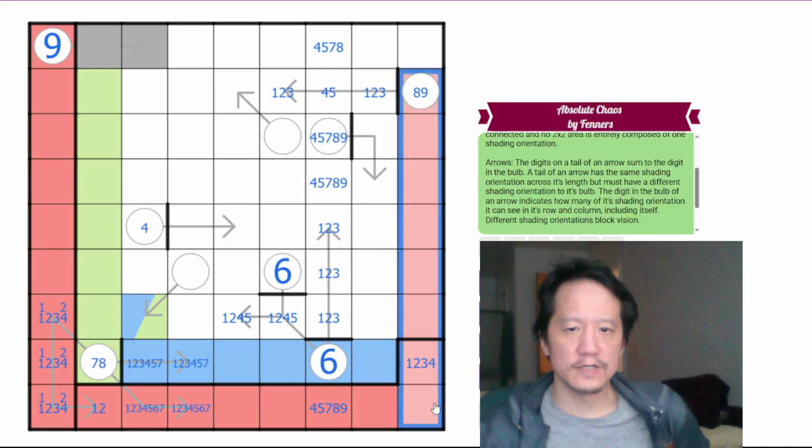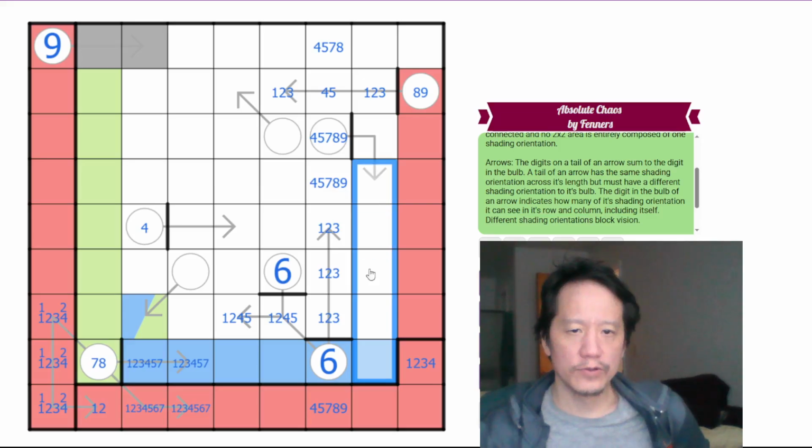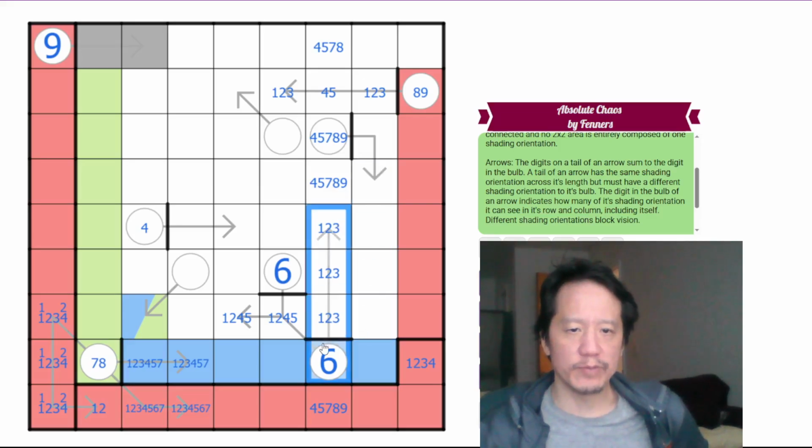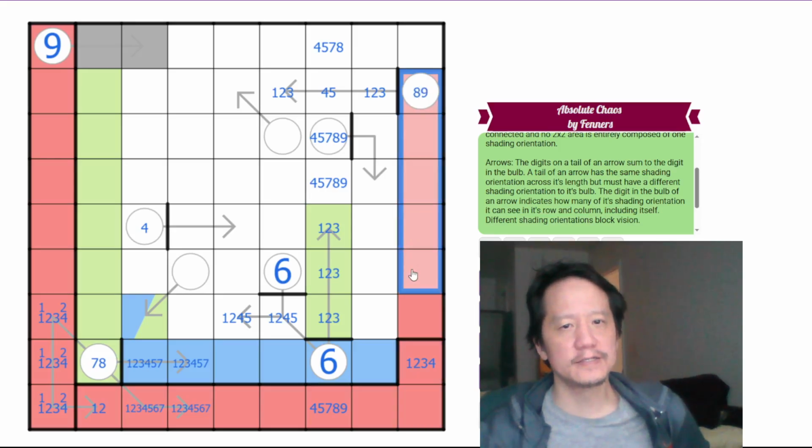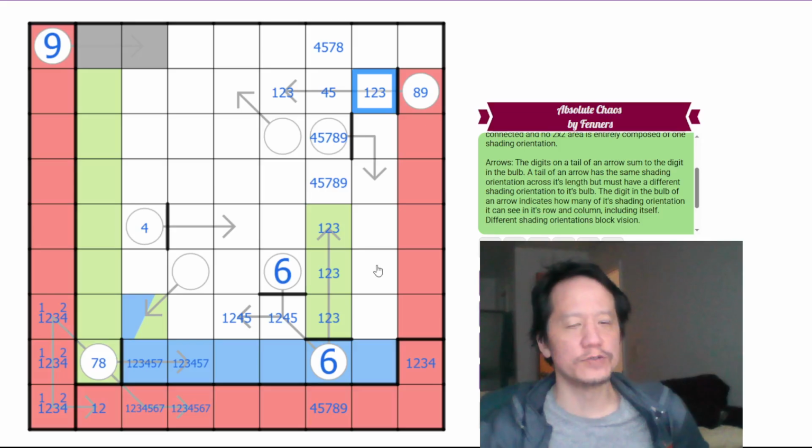Because it sees at least here. We don't know about this. This cannot be blue. This cannot be red. This has to be green then, because red cannot be here because we know this sees at least 7 because it's 4, 1, and 2 at minimum.